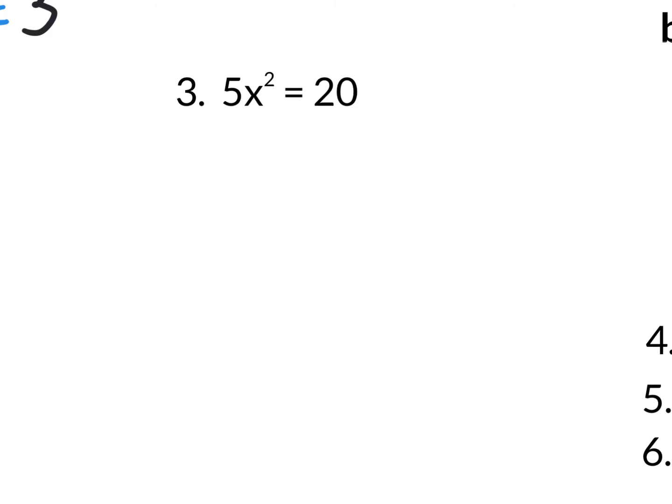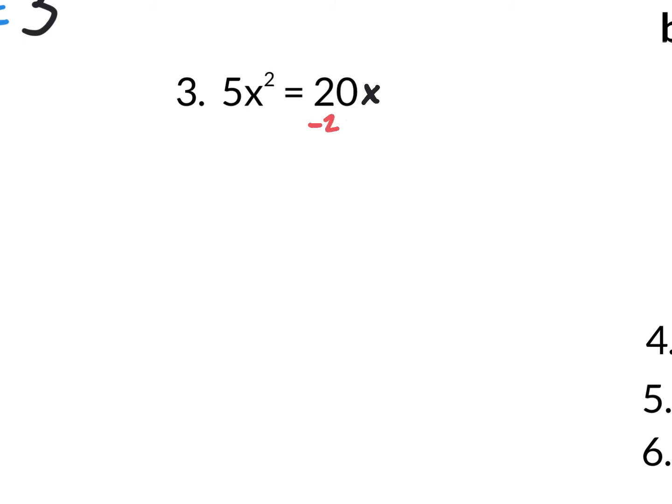Now, if you did have another x, like let's say instead of 20, it was a 20x, you cannot say I want to get x by itself and get rid of the square by applying a square root. All right, you can't do that. So if I did have an x, I might as well explain this. Let's say I had a 20x instead of a 20. What would I have to do?